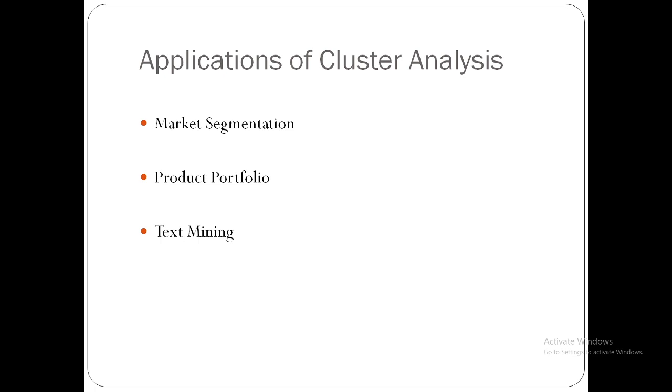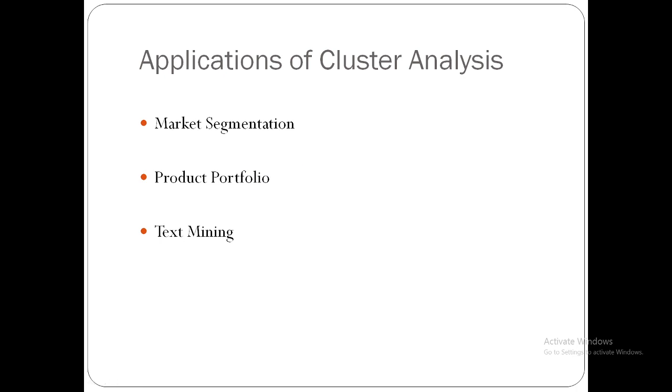Here are some examples of clustering. Market segmentation: categorizing customers according to their similarities, for instance, by their common wants and needs and how much they pay, can help with target markets. Next is a product portfolio.